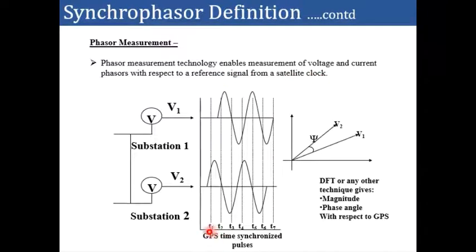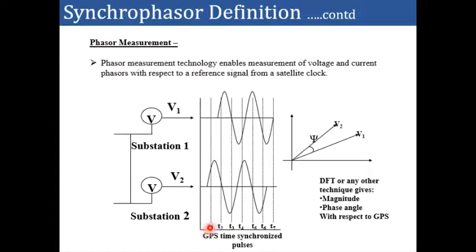Suppose T1, T2, T3, T4 and so on are the instances where we get the pulse from the satellite clock. That means we are getting the pulse per second from the satellite at these points.